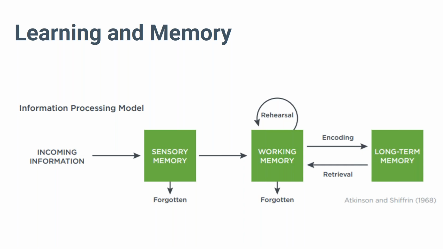So we want to look at when learning occurs, it's because information has moved from our working memory to our long-term memory. And again, we see that with hands-on practice. So if you're learning to transfer a patient or to make a bed, you're using that hands-on practice, that rehearsal, so it goes into long-term memory.